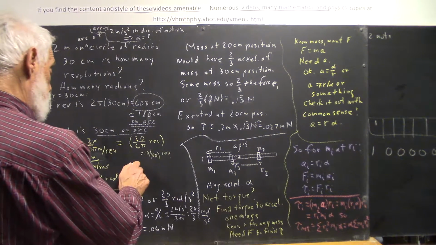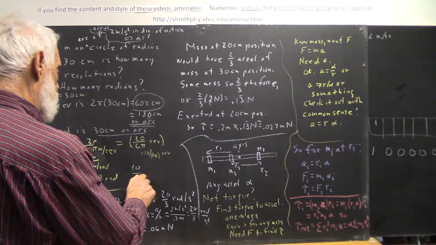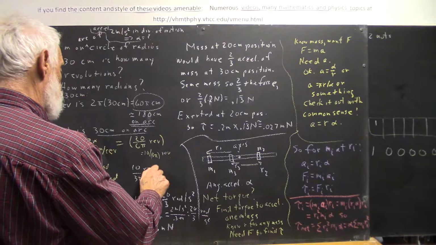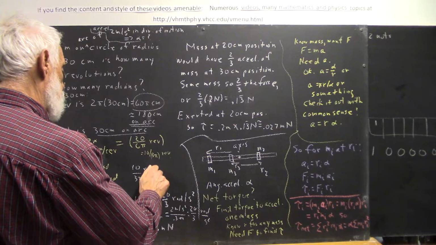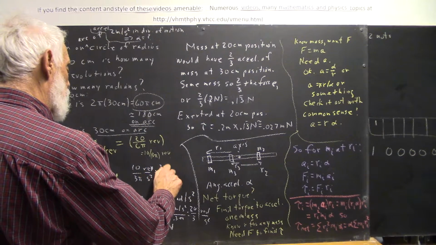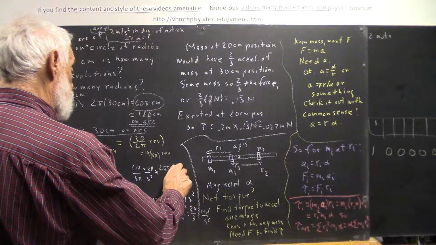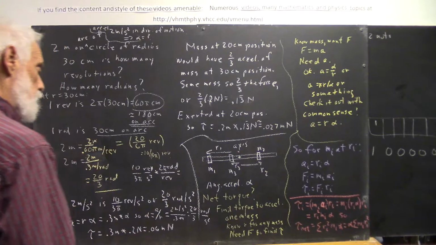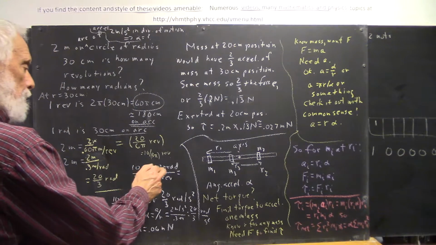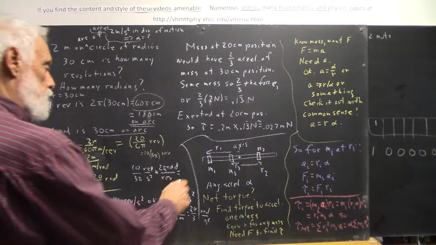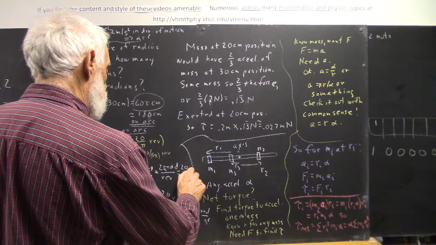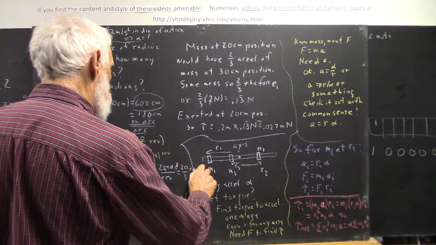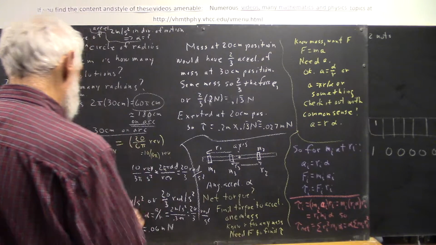If we multiply 10 over 3 pi revolutions per second squared times 2 pi radians per revolution, we get what? The pi's divide out, 10 times 2 is 20, we get 20/3 radians per second squared.